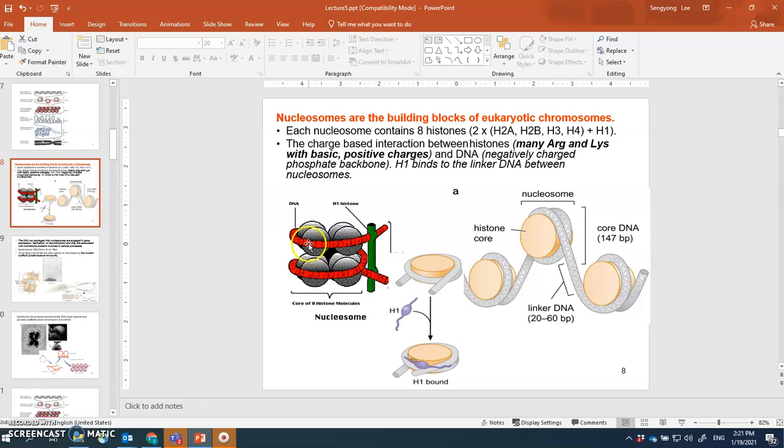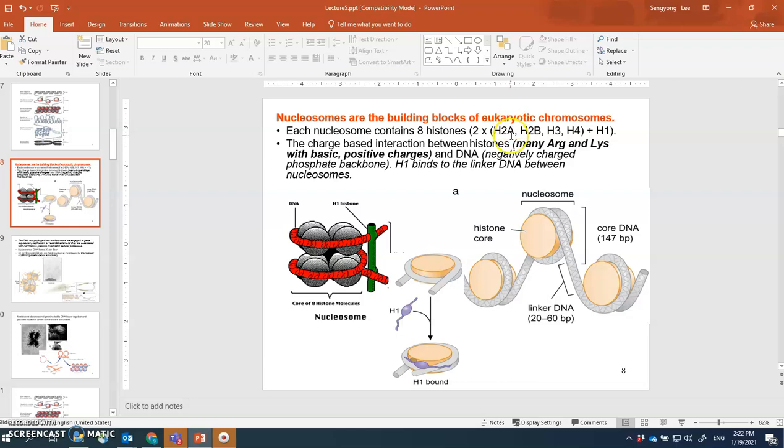The negatively charged DNA molecules, through the phosphate sugar backbone, can make ionic bonds with those arginine and lysine rich residues of these histone proteins. There are 8 histone proteins.